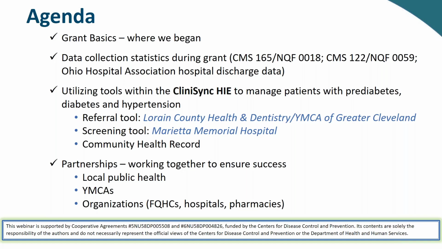As we dive into the grant specifics, let me leave you with just one statistic that highlights the work you all have done in improving your patients' health. When Ohio applied for this grant back in 2013 and 2014, Ohio was ranked 6th highest in the nation among the states for its rate of diabetes in the population as a whole. As we close out this grant, looking at CDC's current statistics, Ohio is now ranked 20th highest among the states in its rate of diabetes in the population.